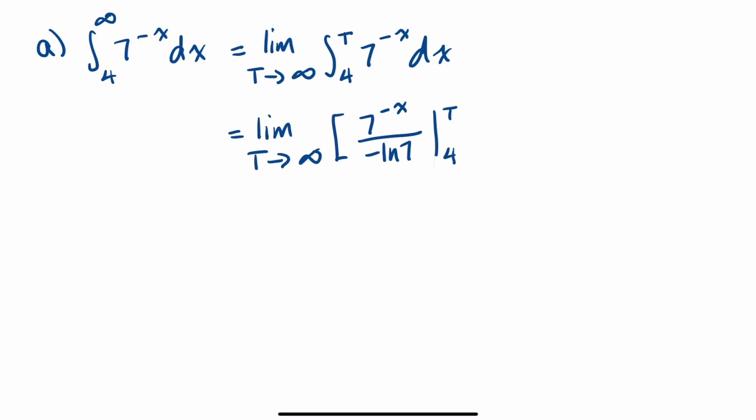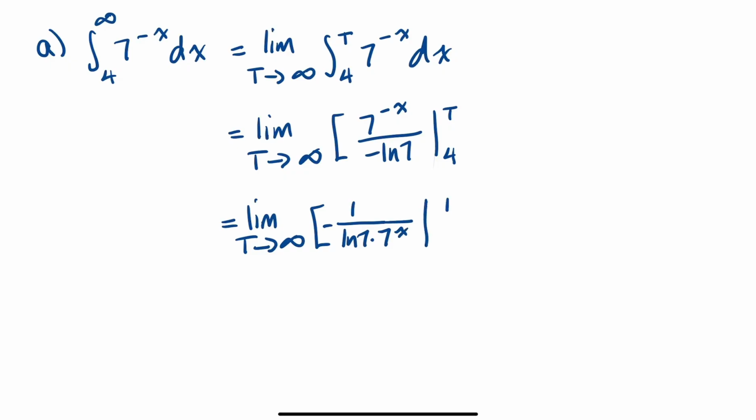And because we're going to be plugging in infinity, I'm just going to take this 7 to the negative x and use the fact that this is equivalent to saying 1 over 7 to the x. And I'm going to pull that into the denominator. And I'll bring this negative out in front. So I'm going to say that this is equal to the limit as t approaches infinity of 1 over ln 7 multiplied by 7 to the x with the negative out in front.